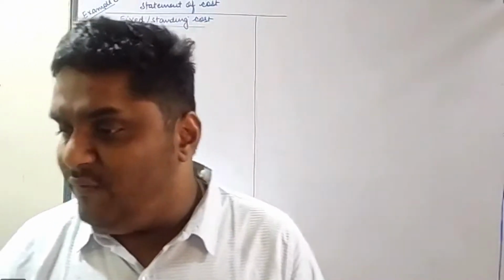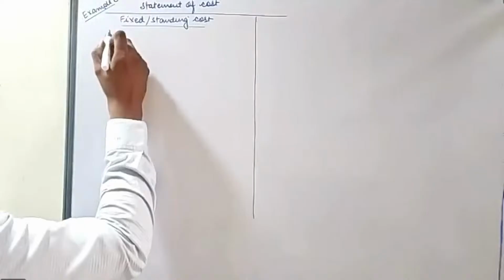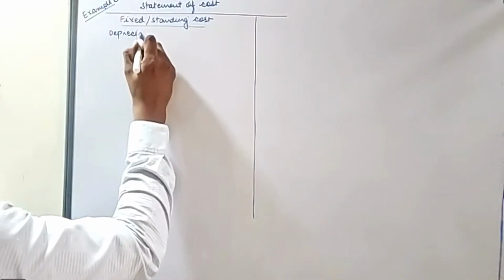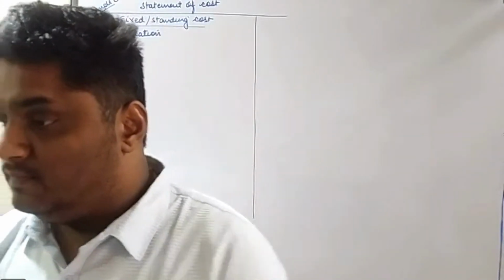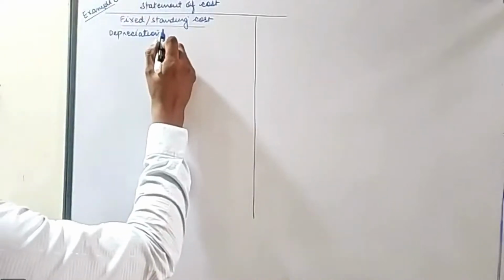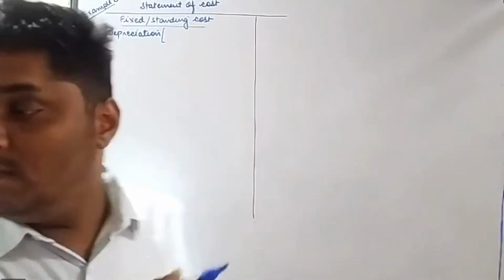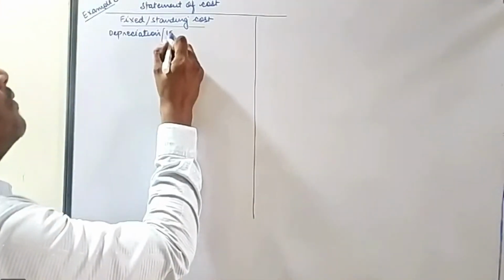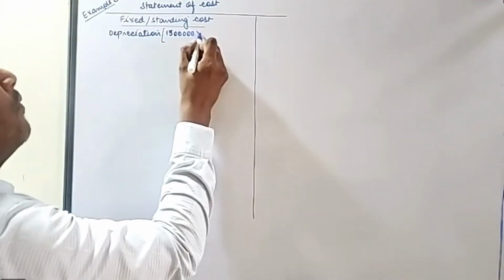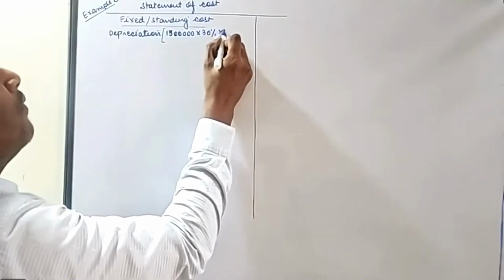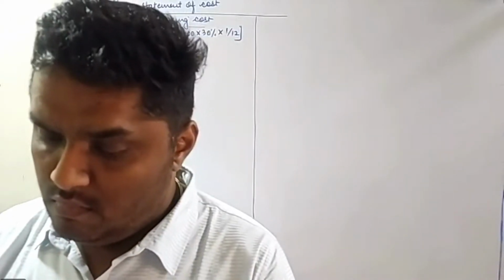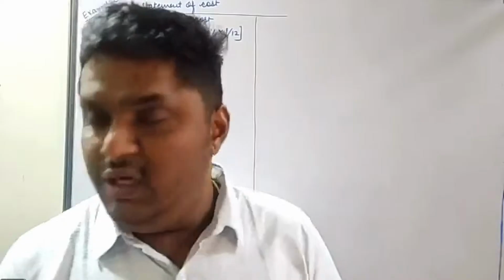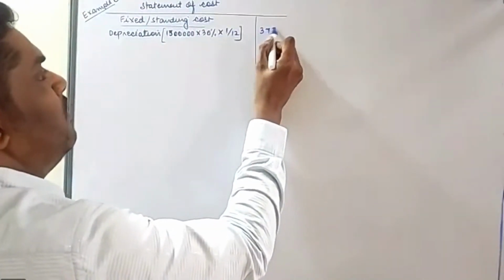So now the cost of bus is 15 lakh and the depreciation is 30% per annum. The depreciation will be 37,500.